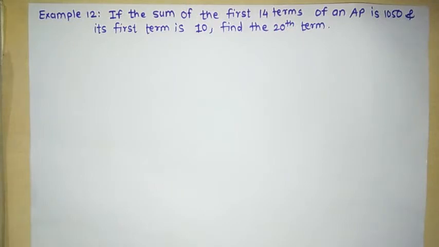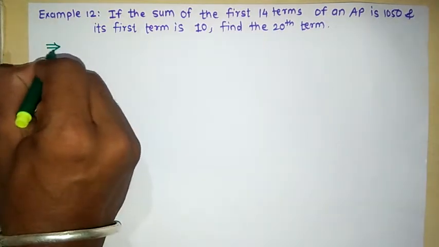Now we will see example number 12. In example number 12, see, if the sum of the first 14 terms of an AP is 1050 and its first term is 10, find the 20th term. Here what is given? Check here. Solution.